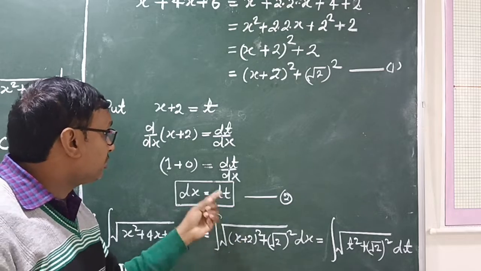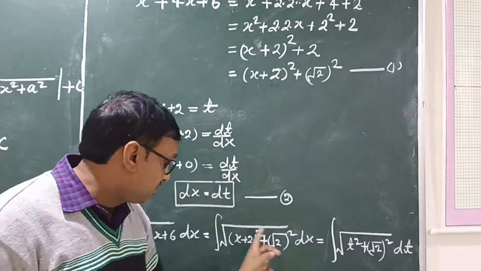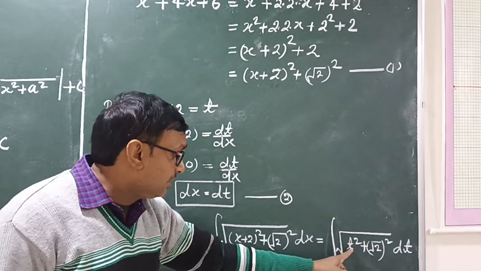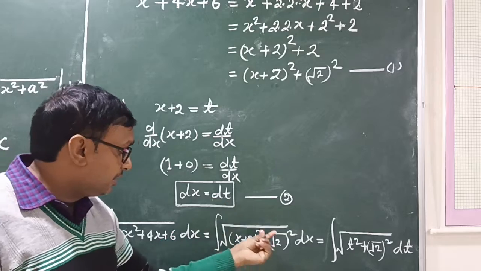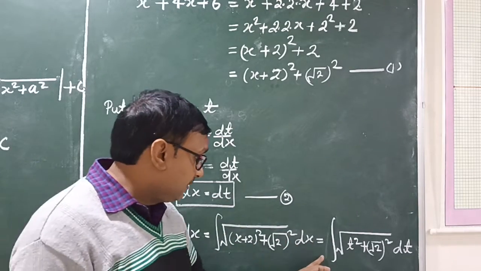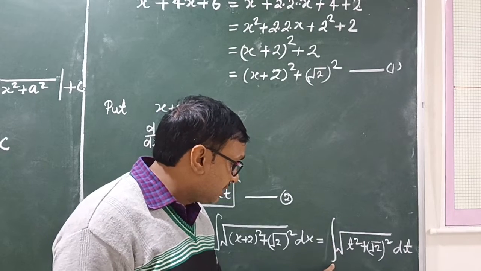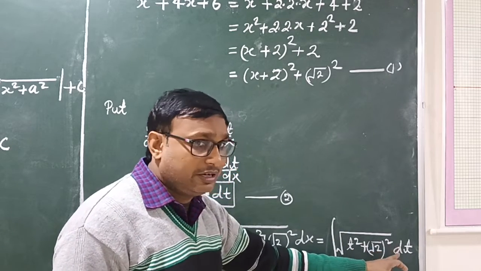Now put x plus 2 equal to t, so that it becomes t square, and replace dx by dt. Clear? So we get the integration of under root t square plus under root 2 square dt.